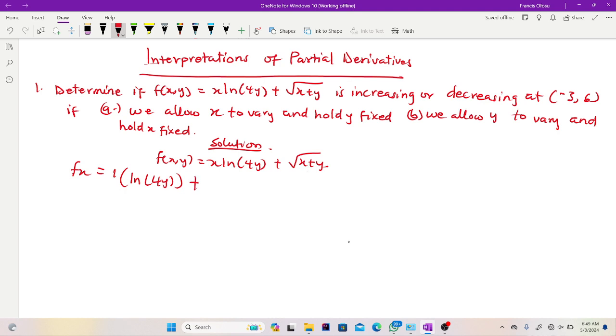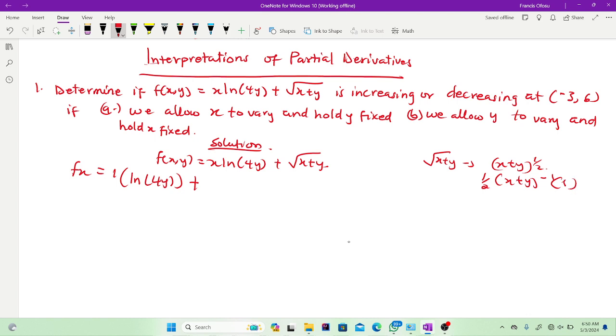This is a composite function, take note, so let me do that separately. Square root of x plus y is the same as x plus y all to the power half. If I want to differentiate this function with respect to x, I'll take the derivative of the entire thing: half x plus y all to the power -1, then multiply it by the derivative of what is inside with respect to x. With respect to x, y is a constant so it's 0, and I'll get 1.